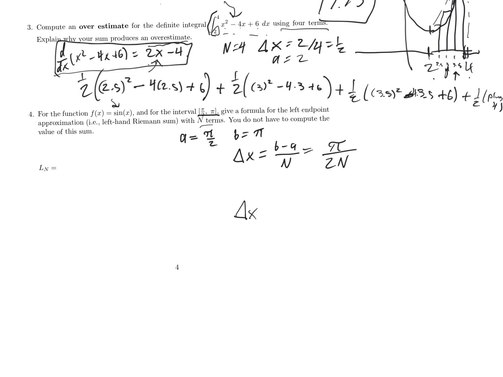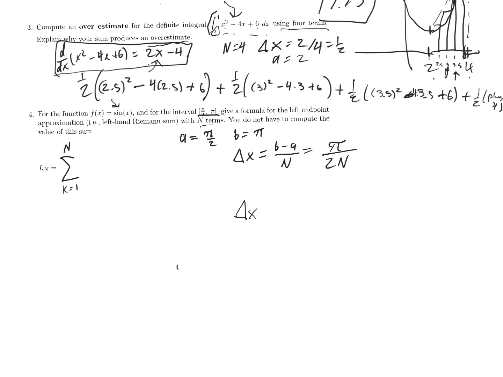For left-hand sums, there are two ways to think about it, and it depends on your professor. I'm going to do one way that we saw earlier in this review, and then another way that we haven't talked about yet. One way is letting your sum start at k equals 1.